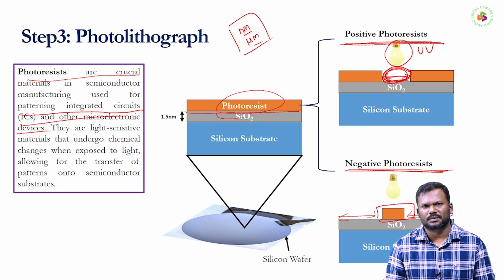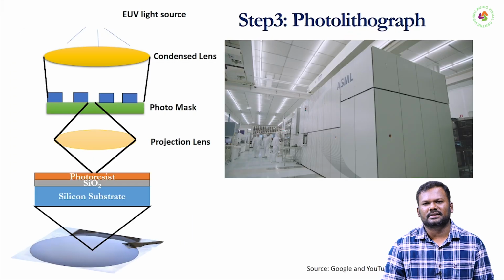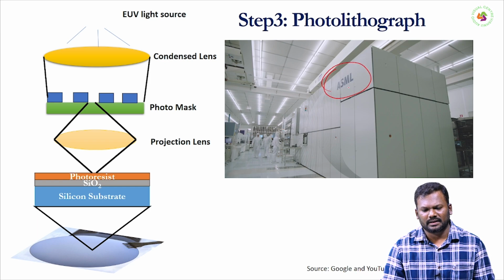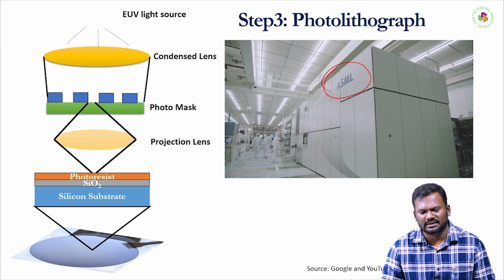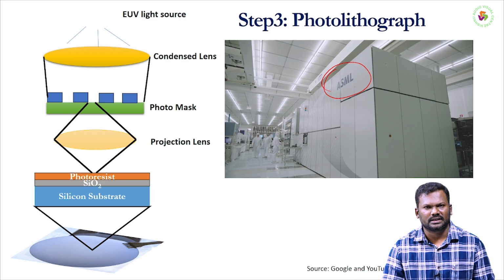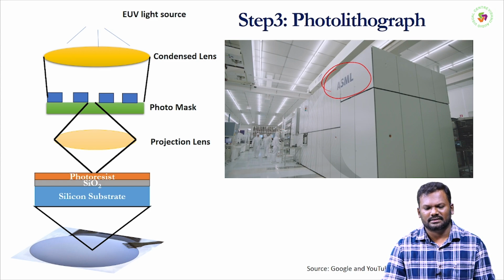Practically it is not possible. For that there are photolithography machines. One of the famous companies is ASML, which fabricates these photolithography machines. Because of this photolithography machine, we are able to fabricate millions and billions of transistors.